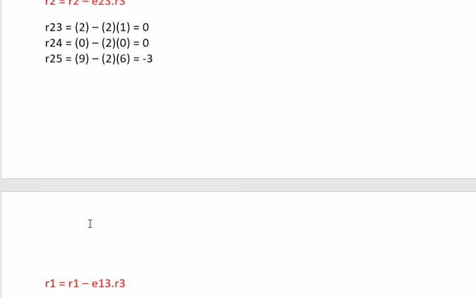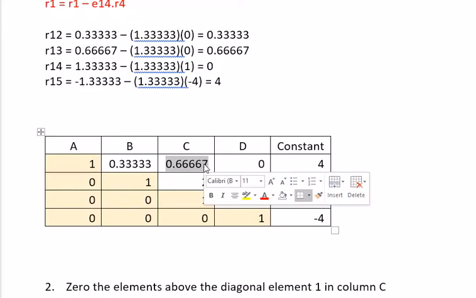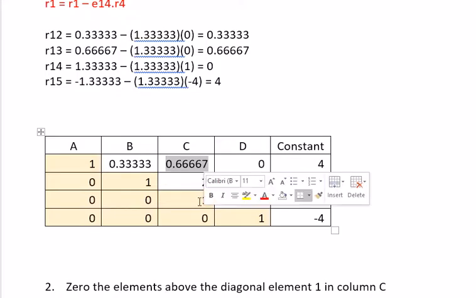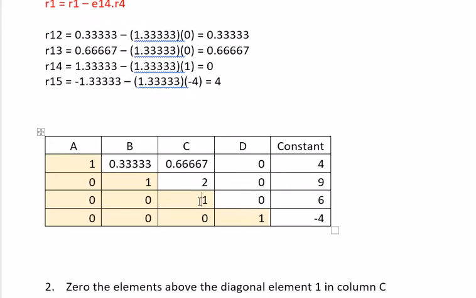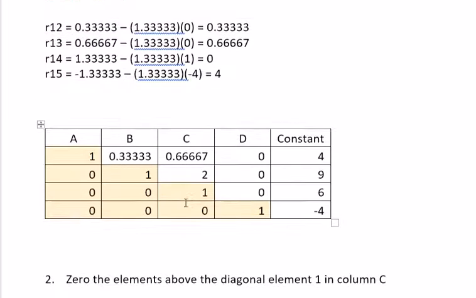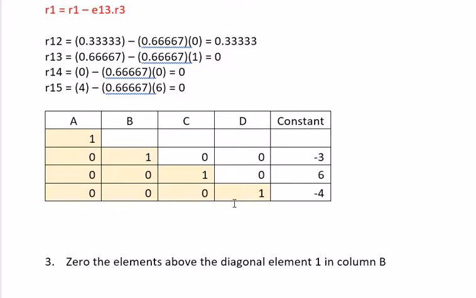In R13, that is here, 0.6667 minus 0.6667 times 1, so that will give you 0. For R14, that will be 0 minus 0.6667 times 0, so that will give you 0.